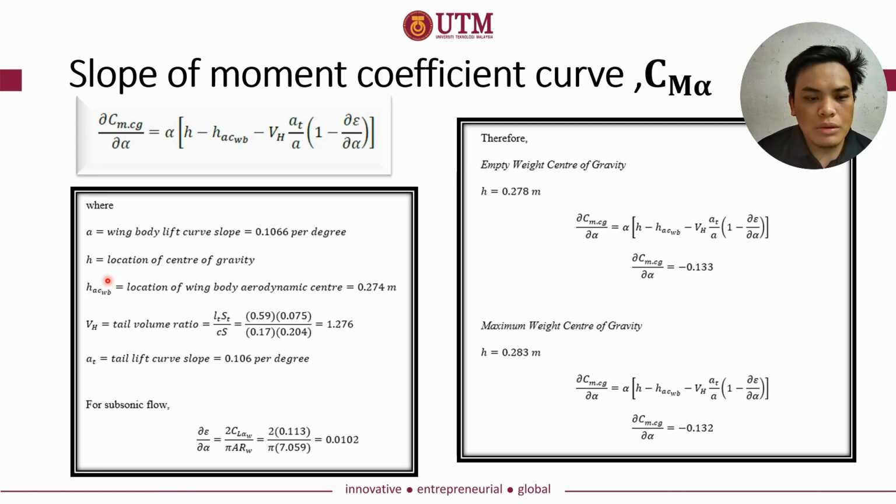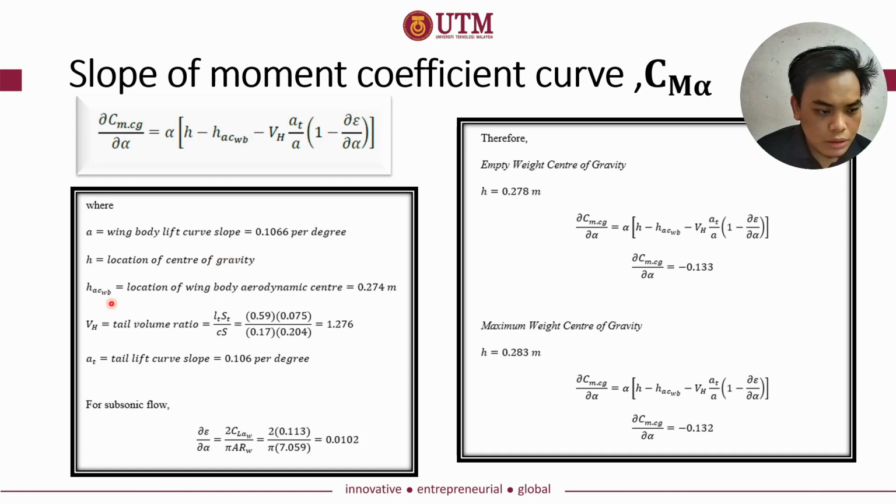Okay, so let's take a look at the calculation for the slope of the moment coefficient curve, Cm alpha. This is the general formula for it, and we just need to plug in the values that we have obtained earlier, such as A, the lift curve slope, which is 0.1066 per degree, and H, the location of the center of gravity that we obtained earlier in the CG part.